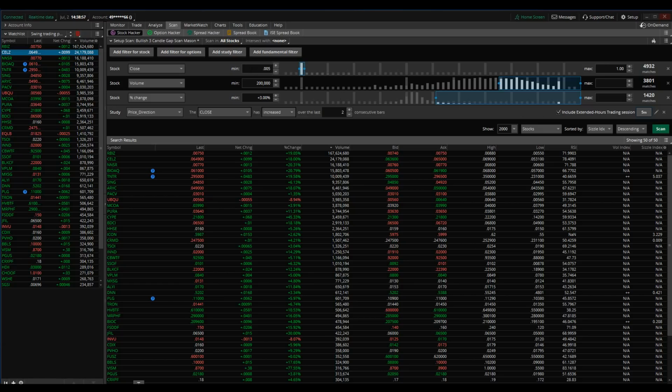And the only thing different that I would do is change the price range for what I want to look at. So that's how I create that scanner to be able to find in that moment those stocks to day trade that meet this criteria.